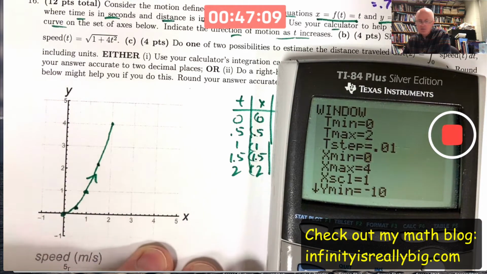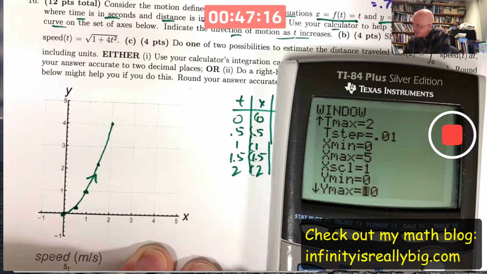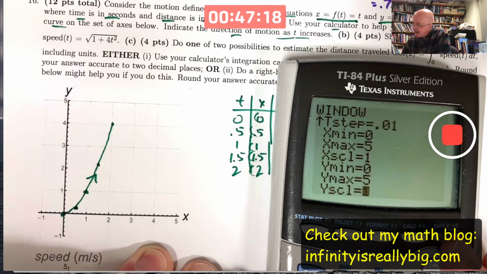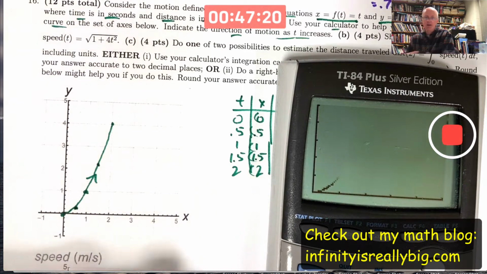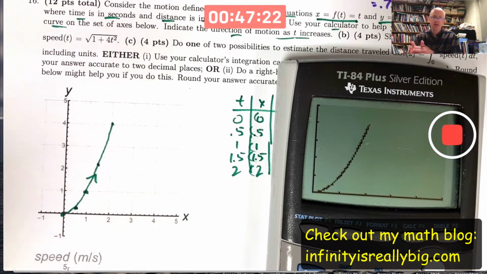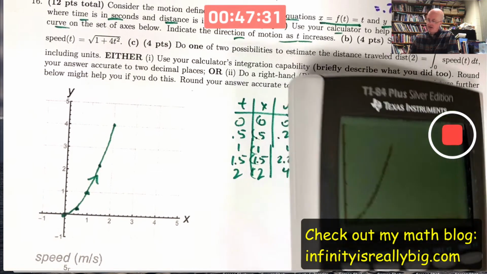X in this picture is going from 0 to 5, say, and well, let's go 0 to 5. And y goes from 0 to 5 in the picture as well. Graph it, and there it is. And it is getting traced out in the direction of motion. You could reverse the direction of motion here and it would get traced out in the other way. I won't bother with that, but that's something that could be done.